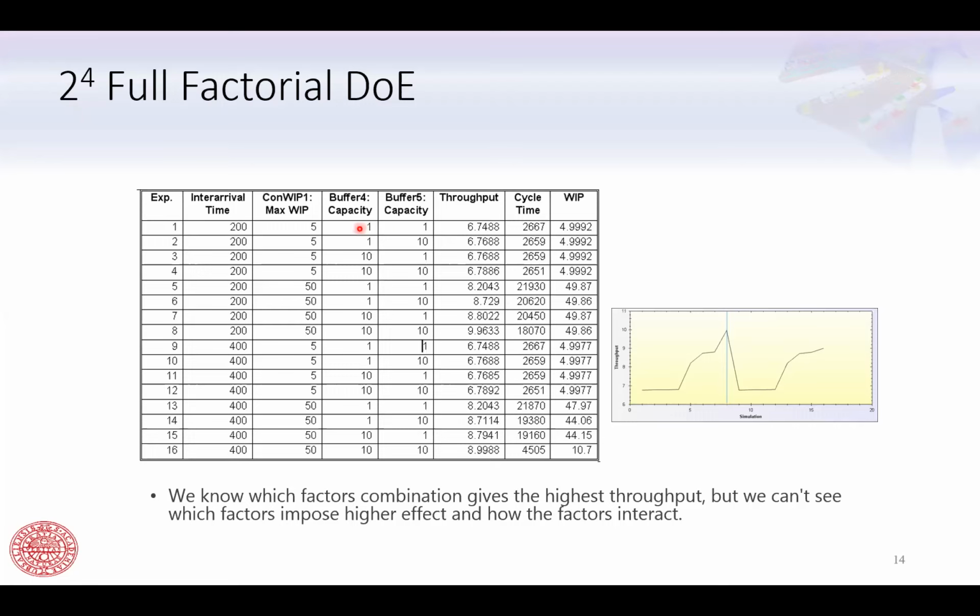We have a low level buffer of 1 and a high level of 10, and then the CONWIP level will be 5 to 50 from low to high. And then according to G-max width, we test inter-arrival time of the product between 200 and 400. So these are 2 levels, and if we have 2 levels, then we put a 2 here.